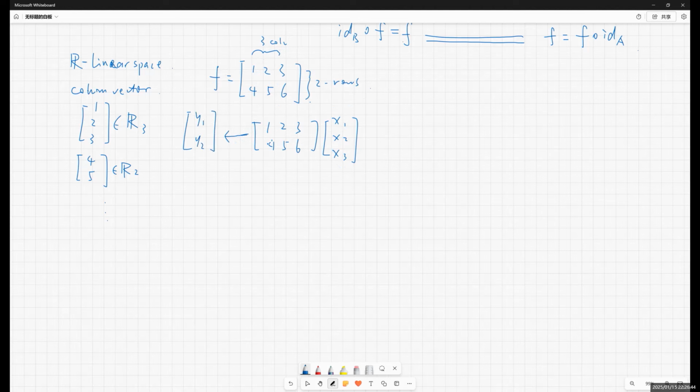This is a linear map, right? So the F is from 3-dimensional to 2-dimensional. So we require that there is a 2 times 3, 2 row, 3 column matrix F.